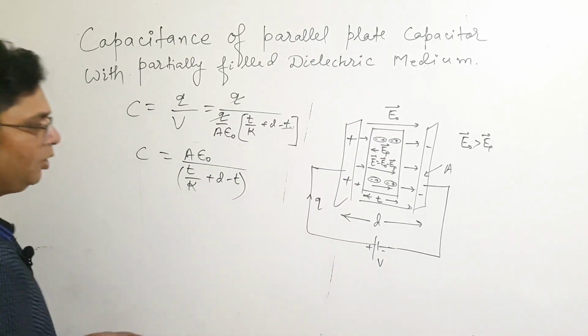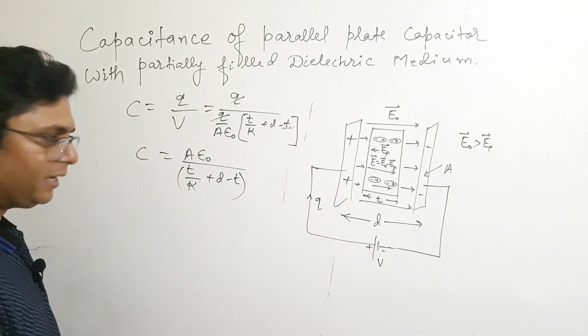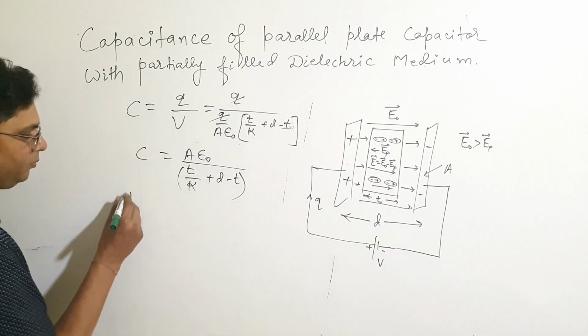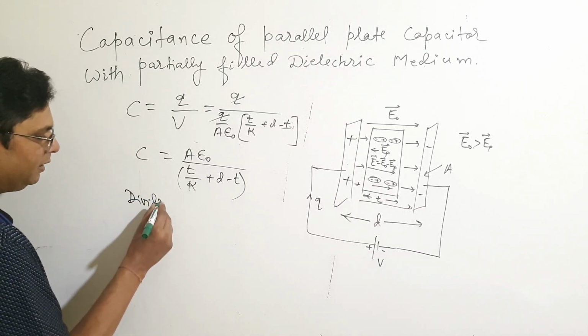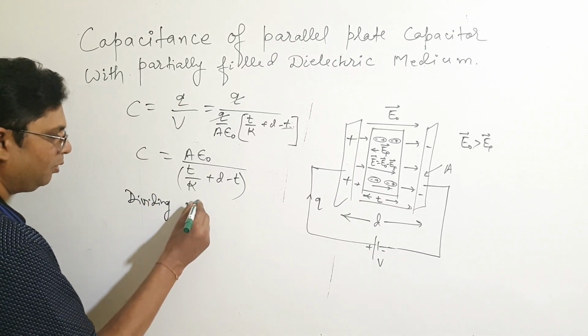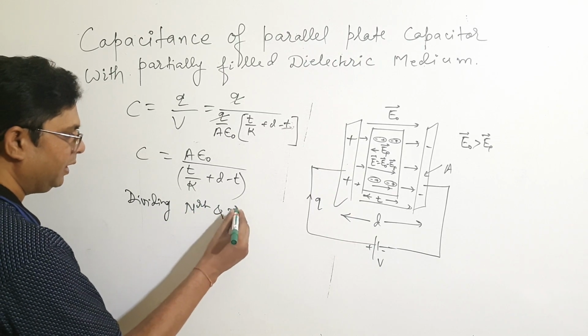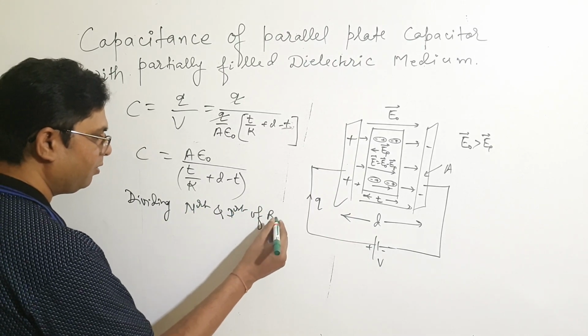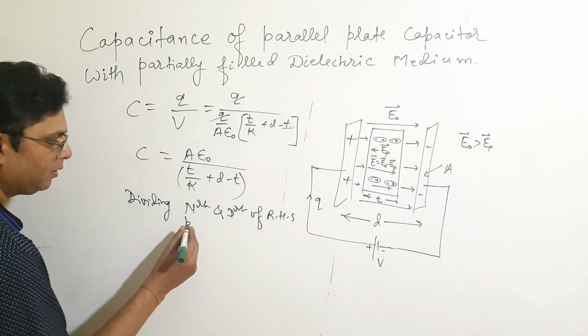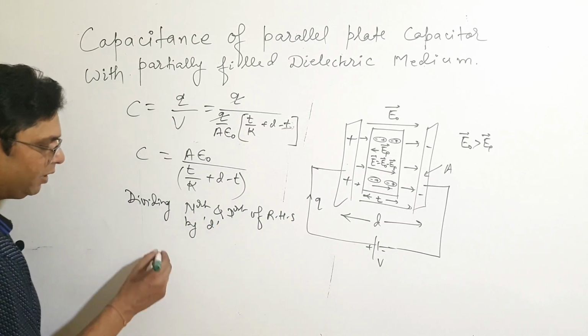Now divide the numerator and denominator of the RHS by D. What do you get?